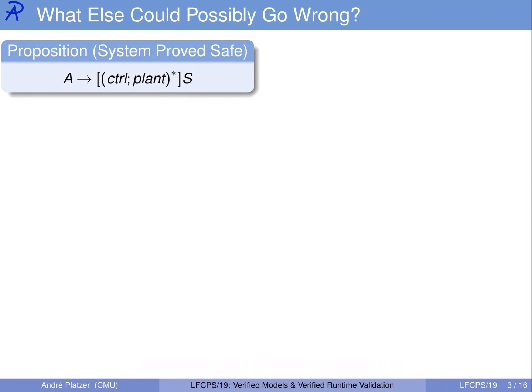But what else could possibly go wrong even if you have a proof of safety like that? Well, you could have proved this property but written down the wrong question. So what happens, for example, when your safety condition, the postcondition S, is wrong?